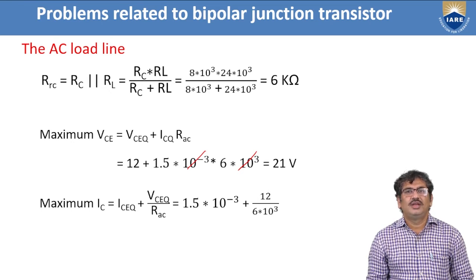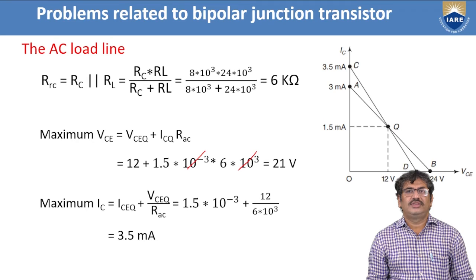Upon substituting, we will get the maximum collector current for AC load line as 3.5 milliamperes. Upon locating VCE as 21 volts and IC as 3.5 milliamperes, we can draw the AC load line, which is joining the Q point.